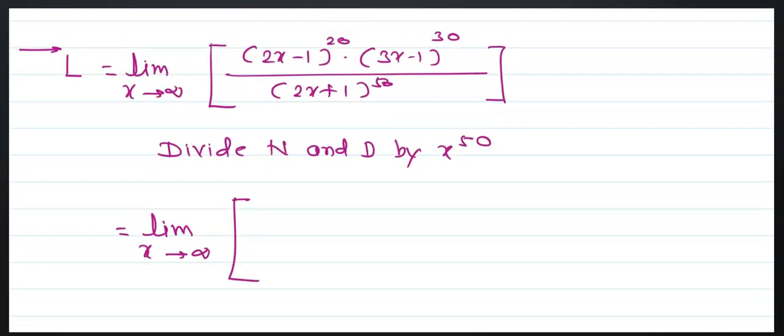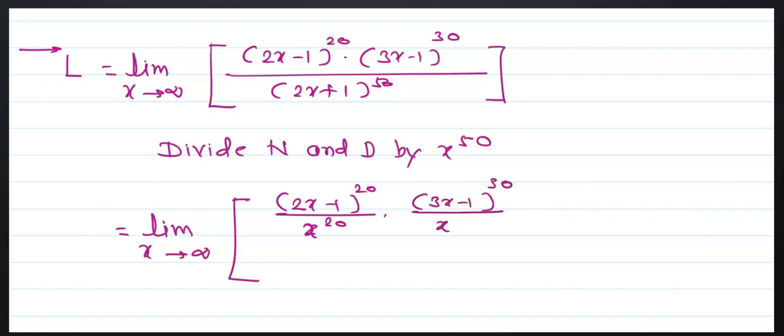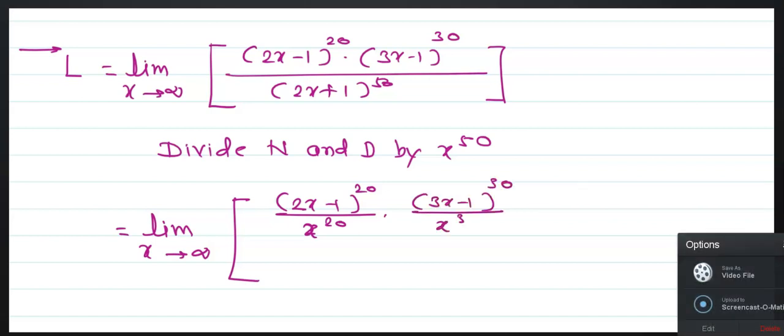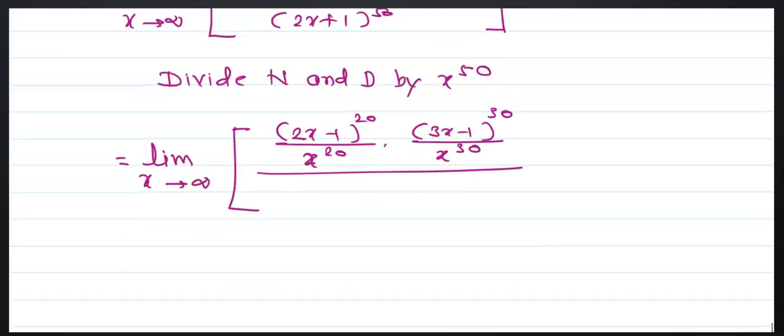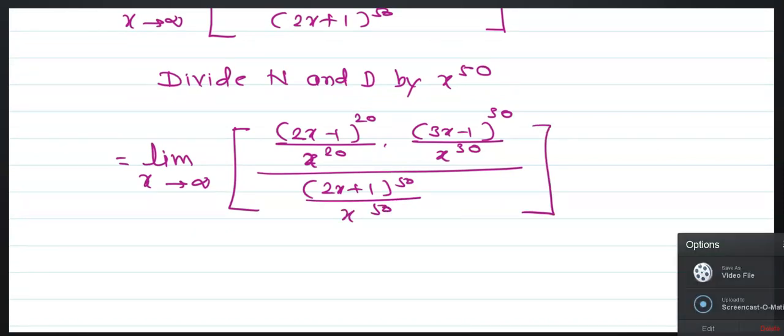Limit x tends to infinity (2x − 1) raised to 20 upon x raised to 20 into (3x − 1) raised to 30 upon x raised to 30 upon (2x + 1) raised to 50 upon x raised to 50.